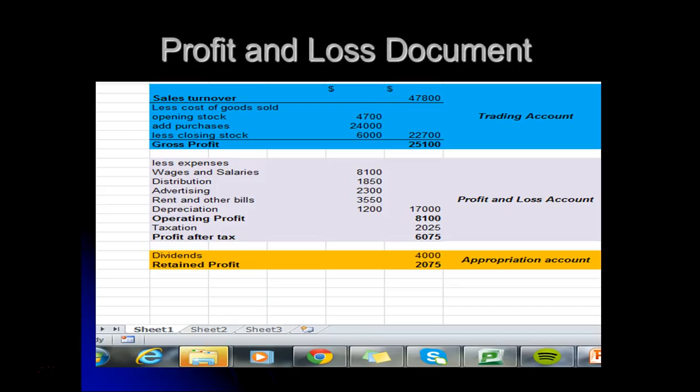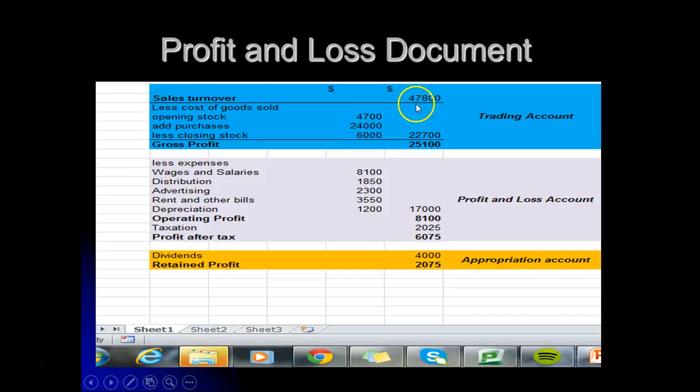Okay, so here we can see an example of a profit and loss document or an income statement. What we see here at the minute is our sales turnover. This is the money that's coming in, 47,800, and from that, all of this here is what's been paid out to create something that can be sold to create that figure.